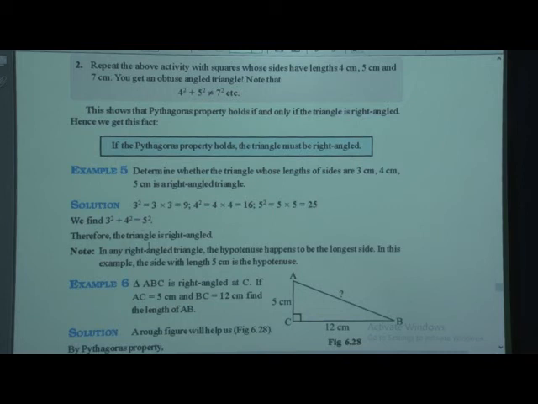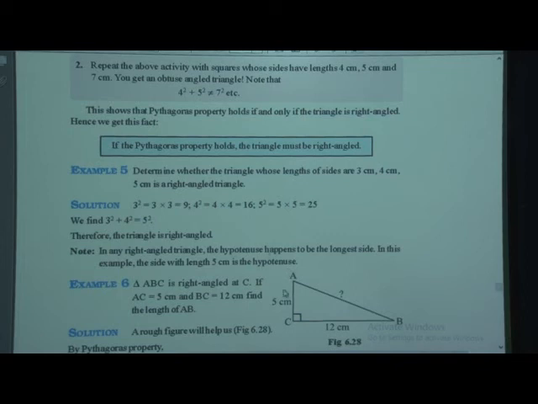So therefore the triangle is a right angle triangle. In any right angle triangle, the hypotenuse happens to be the longest side. Already by seeing the figure also we can say that in a right angle triangle, the hypotenuse is the longest side of the triangle. In this example, the side with length 5 cm is the hypotenuse.